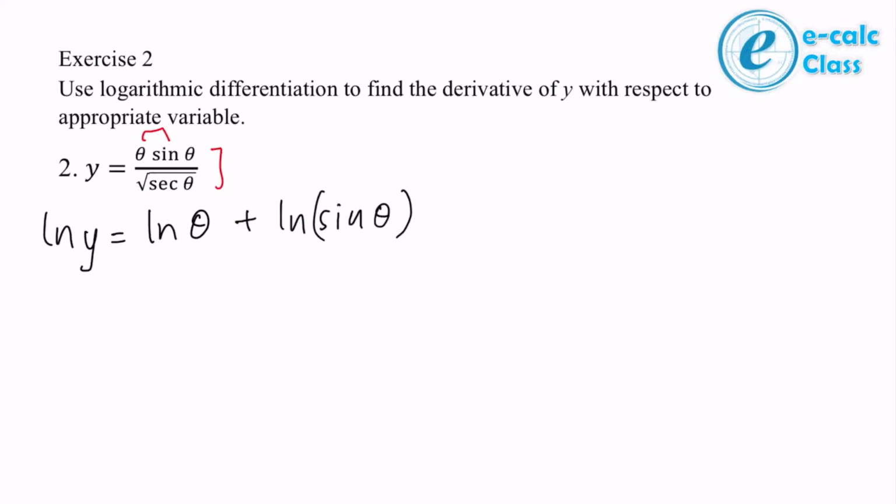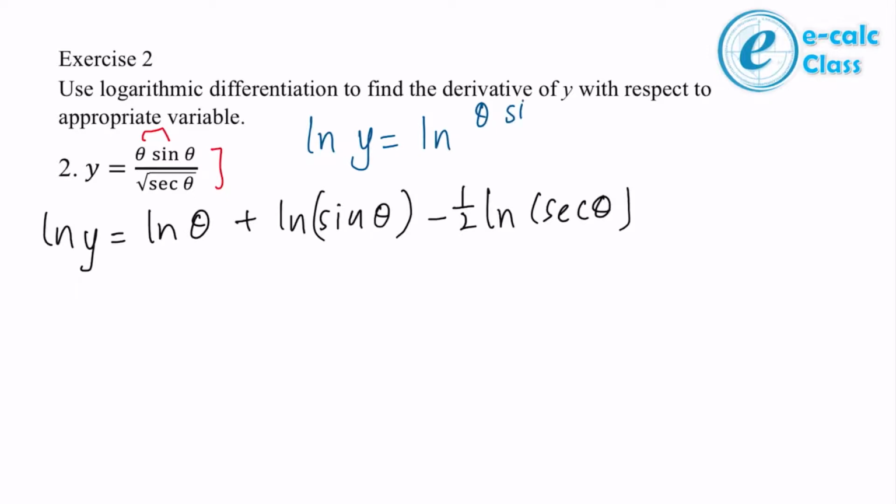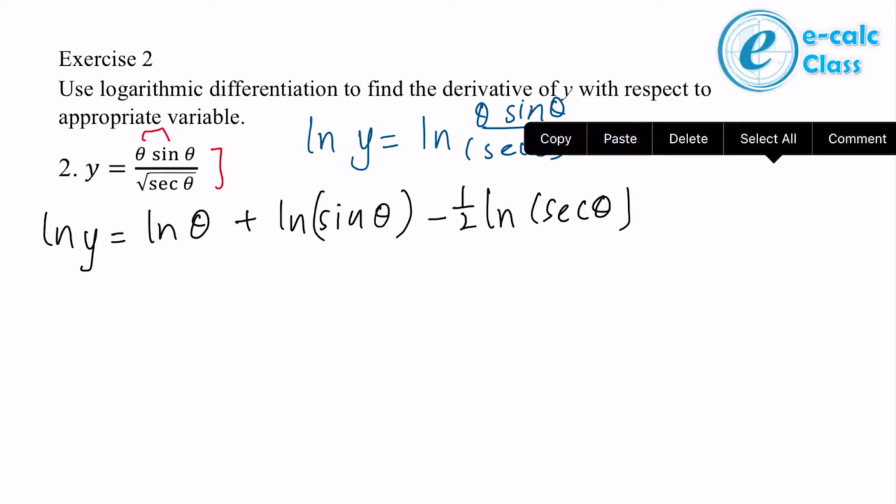Quotient becomes difference, and then power flies down. In case I'm too fast, I think I should write one more step for you. ln y equals ln theta sine theta over secant theta power half.